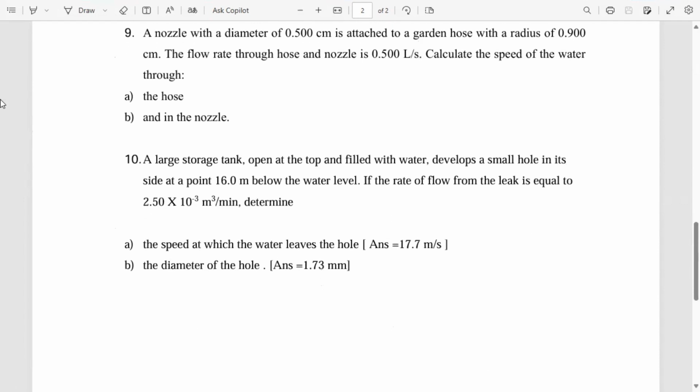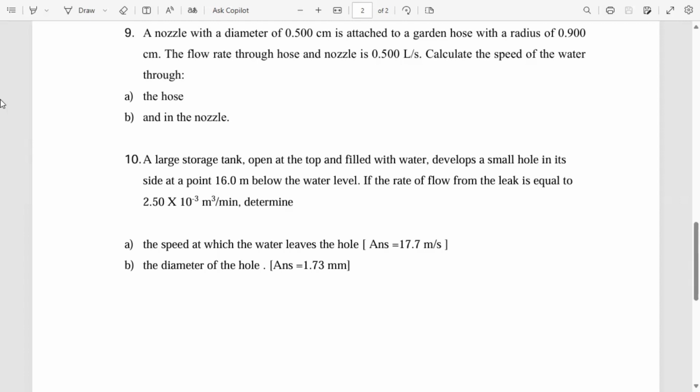Question 9 is saying a nozzle with a diameter of 0.500 centimeters is attached to a garden hose with a radius of 0.900 centimeters.